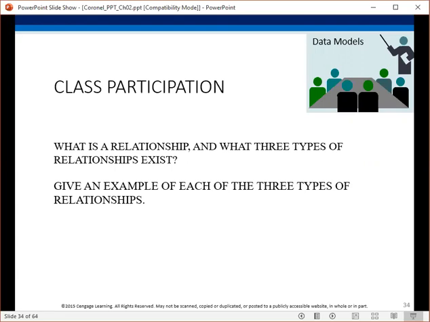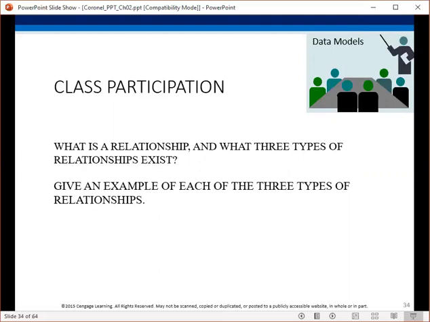You can have a one-to-one, and that's where one record in one entity goes to one record only in the other, and vice versa. So we mentioned an academic department is chaired by one professor, and a professor may chair only one academic department.